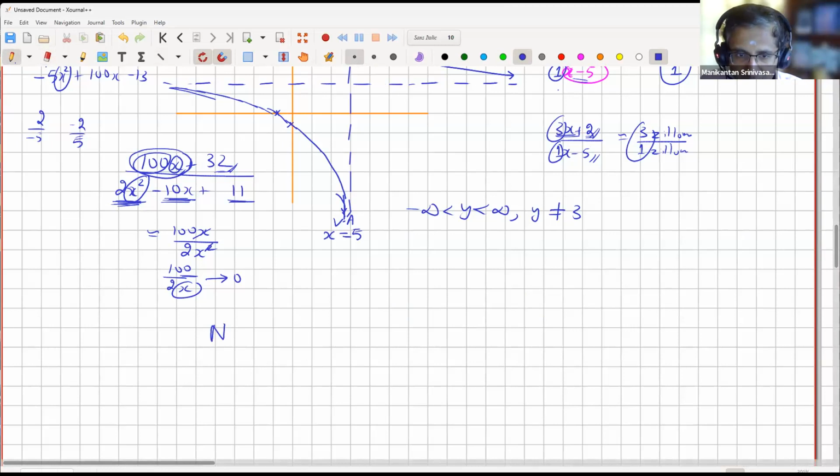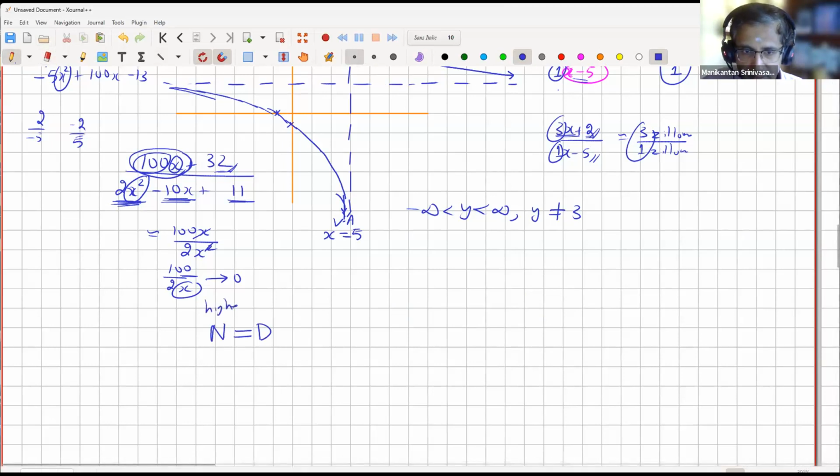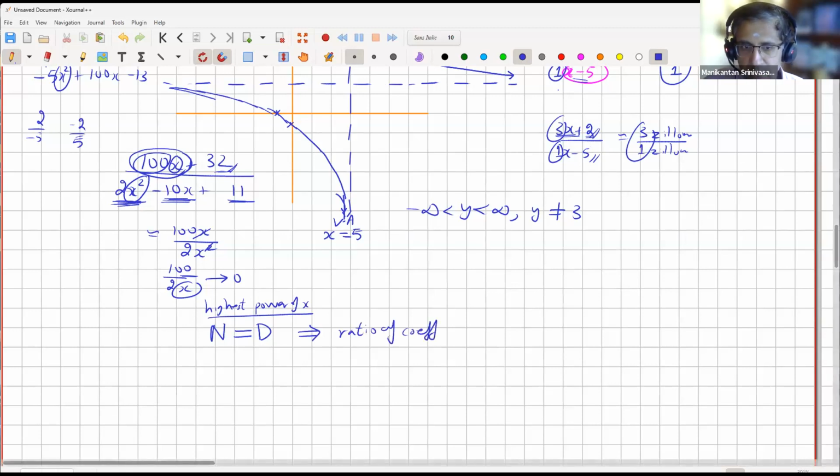If numerator equal to denominator, by this I mean the highest power of x, then this implies it's just the ratio of the coefficients of those highest powers.